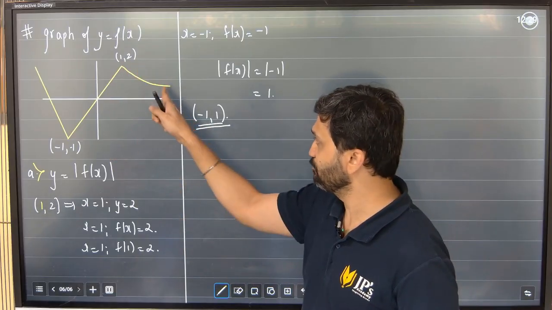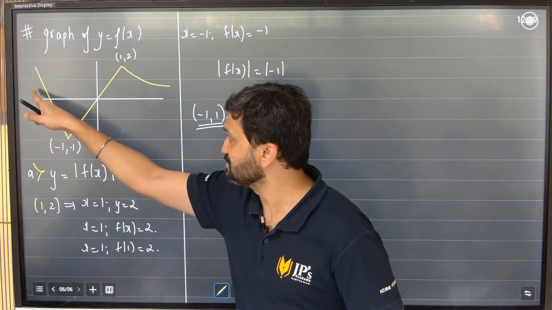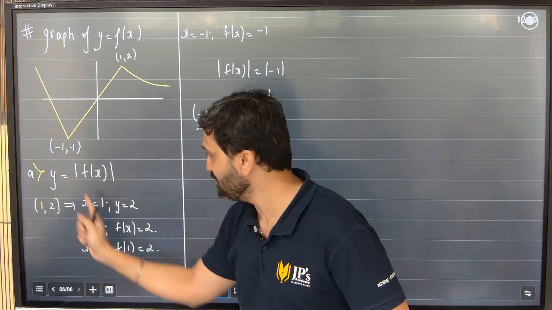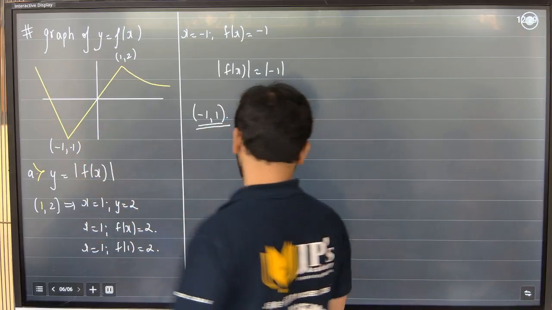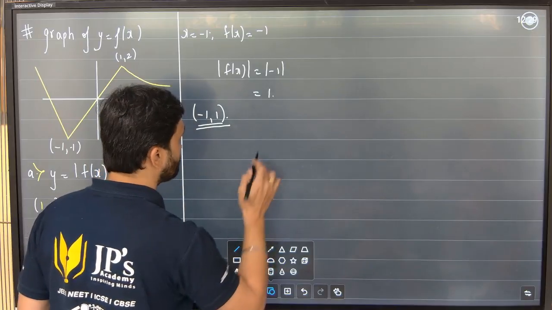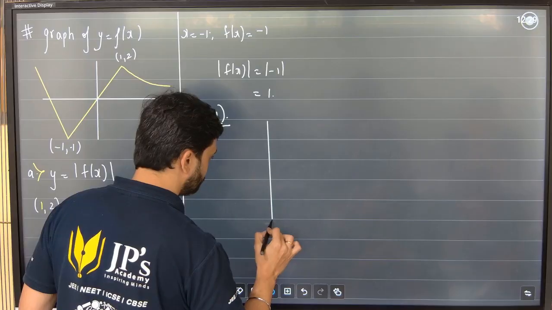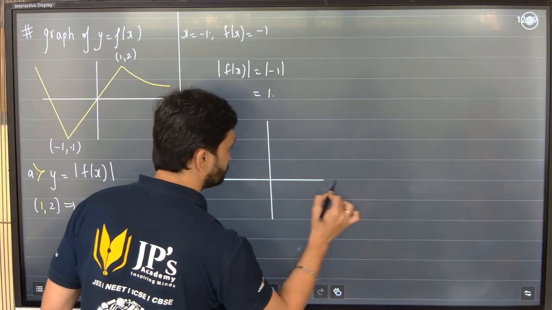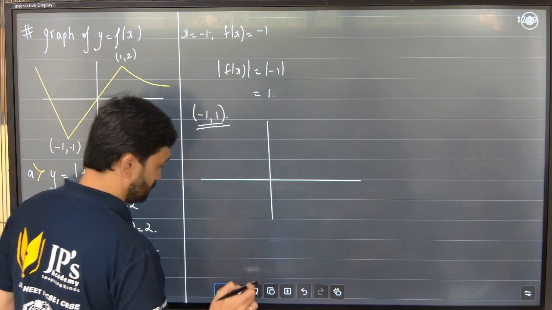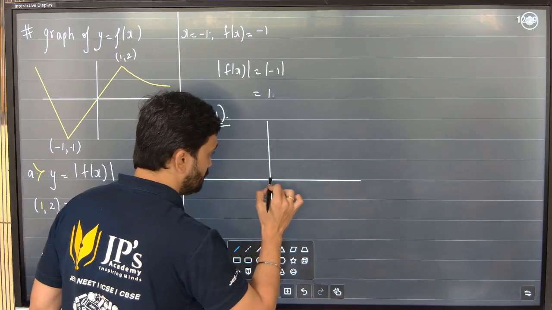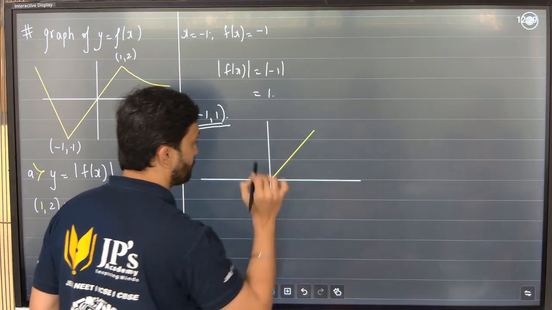This won't change, this won't change, this won't change because y is positive. F of x is nothing but y. This is also positive. This is the only part that is negative. So my diagram would look something like this. This is the same.